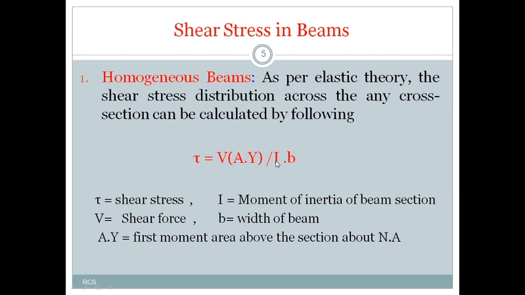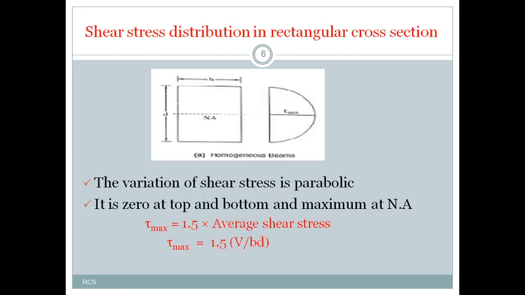Here I is the moment of inertia of the beam section, and B is the width of the beam. If you substitute all those values in this equation, we will get the shear stress in that homogeneous beam. But the shear stress distribution for homogeneous beams is parabolic in nature.